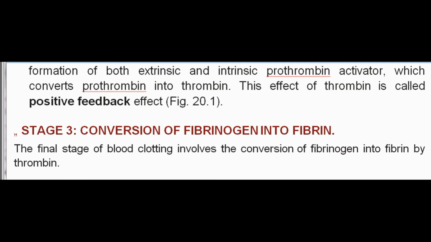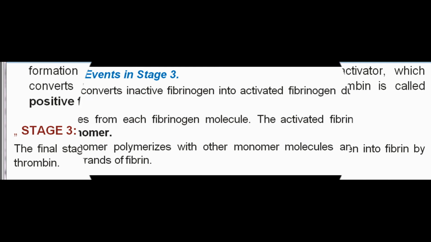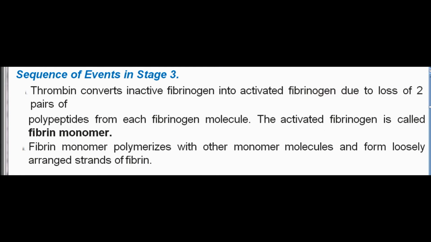Stage 3, conversion of fibrinogen into fibrin. The final stage of blood clotting involves the conversion of fibrinogen into fibrin by thrombin. Sequence of events in stage 3. Thrombin converts inactive fibrinogen into activated fibrinogen due to loss of 2 pairs of polypeptides from each fibrinogen molecule. The activated fibrinogen is called fibrin monomer.